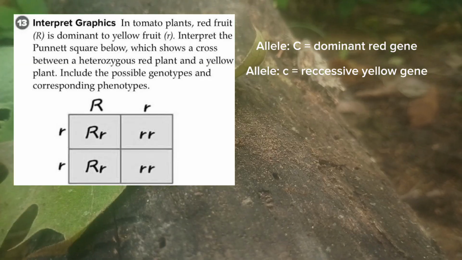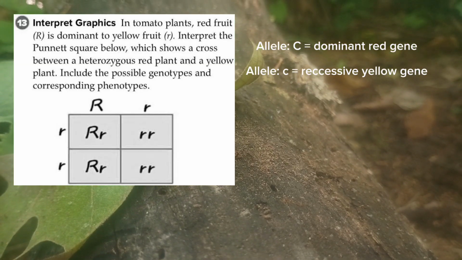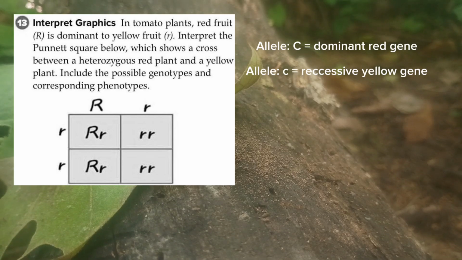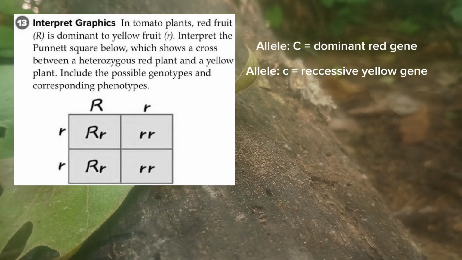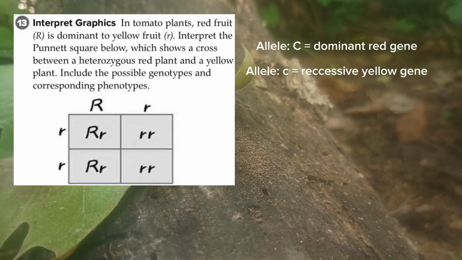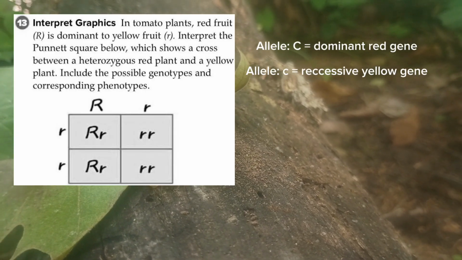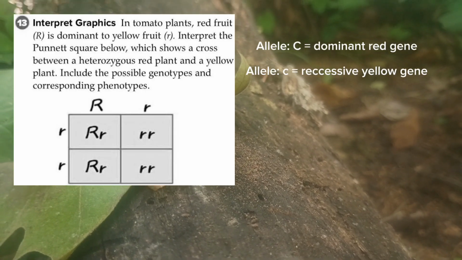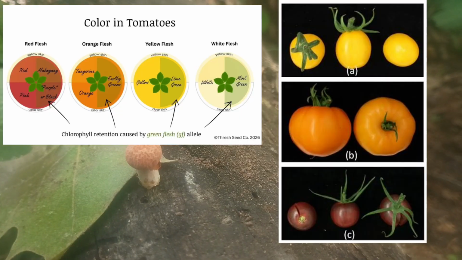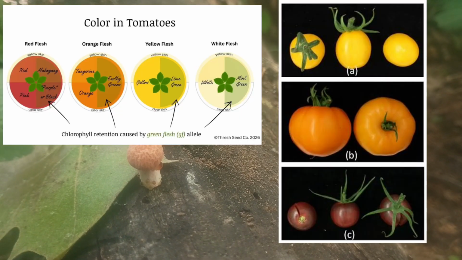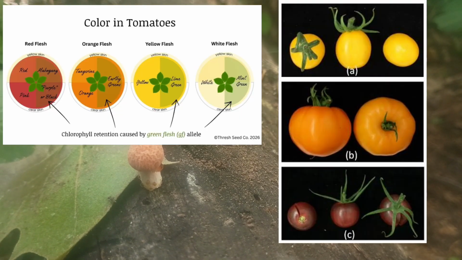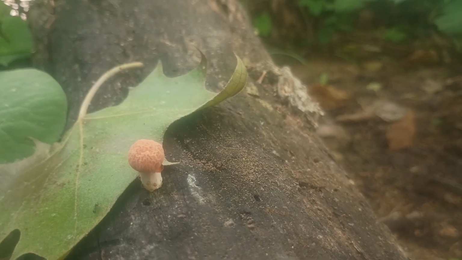I think the exact ratio is 3/4 red and 1/4 yellow, but I might be wrong; I'd have to go over it again. Either way, the majority is going to be red. Now, if those allele frequencies or those colors start to change over generations, then evolution has occurred at some level.